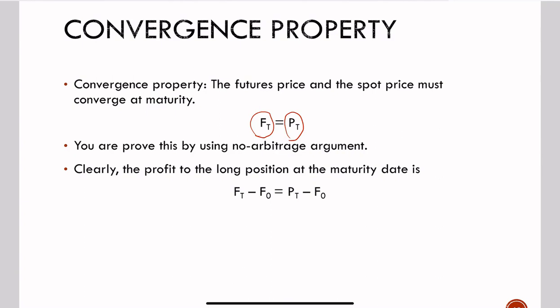Clearly, the profit to the long position on the delivery date is given by the futures price on the delivery date minus your initial futures price. However, we have learned this convergence property, so FT has to be the same as PT. So the profit to the long position can be written as PT minus F0, right?